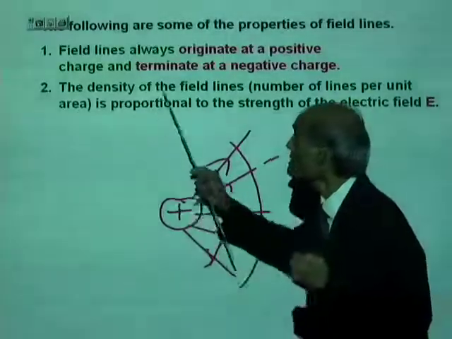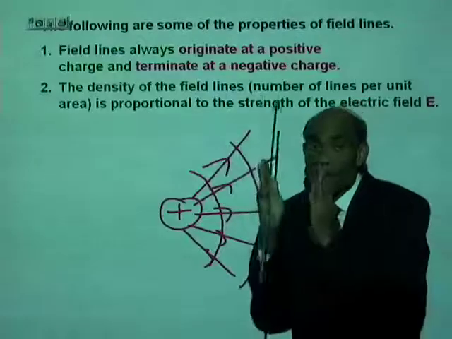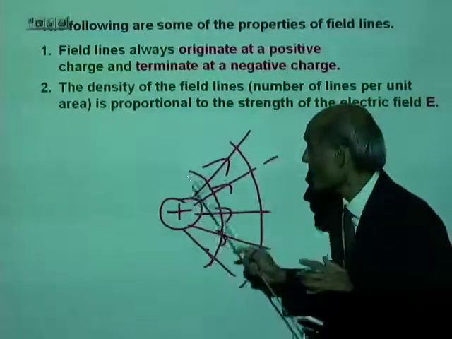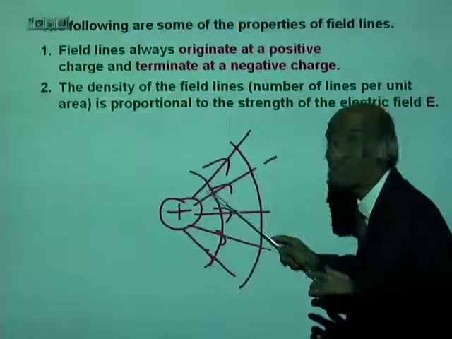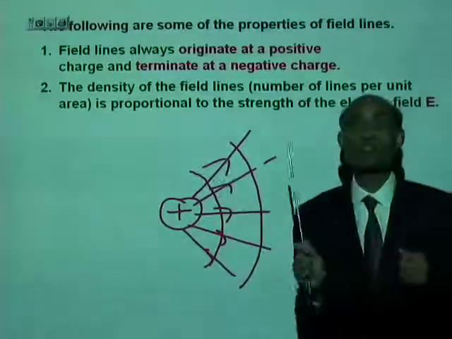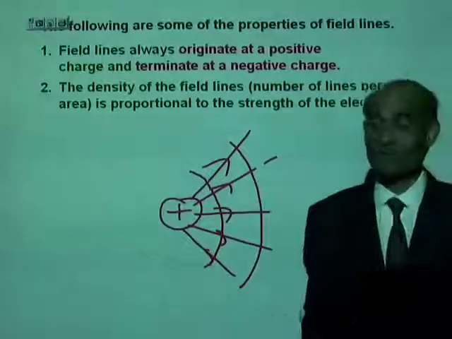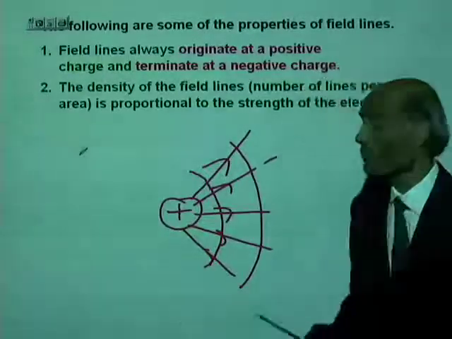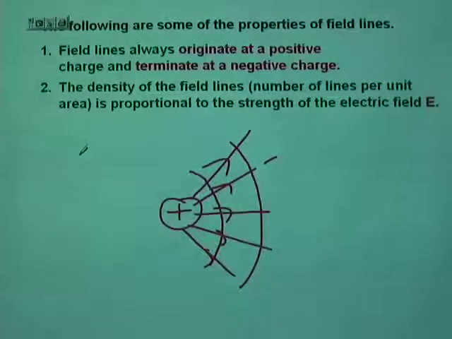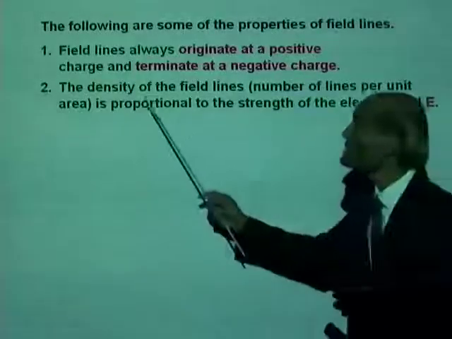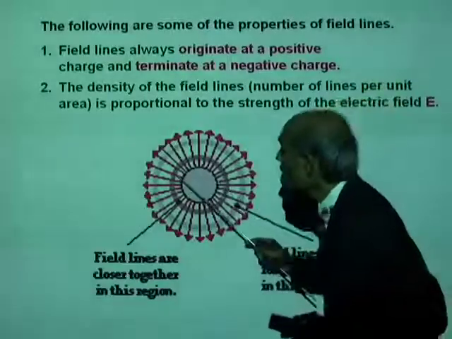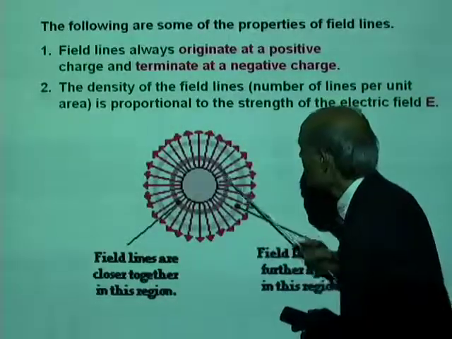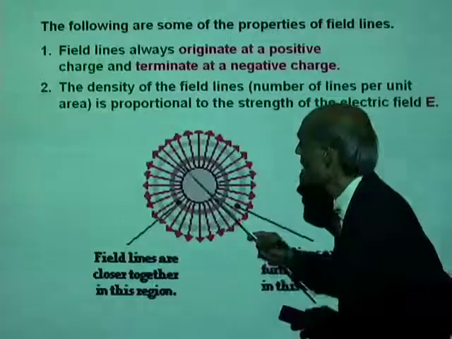So the density of the field lines, in other words, how close the field lines are, is proportional to the strength of the field. Where the field lines are closer, the strength of the field is greater. That is what the second property says. Well, I have a diagram here. You can see where I have this halo-like ring.